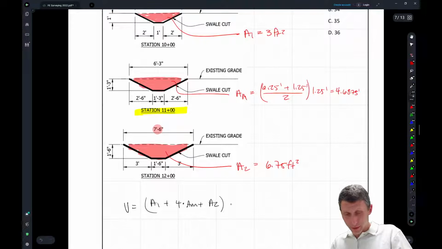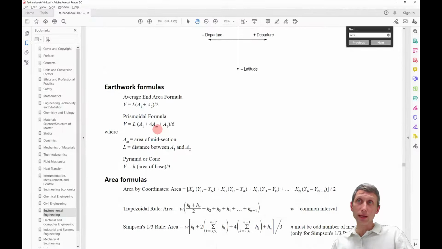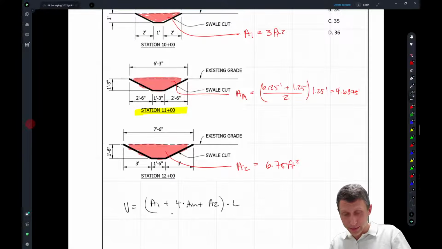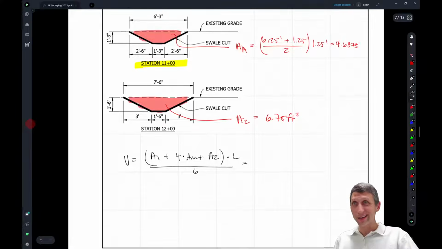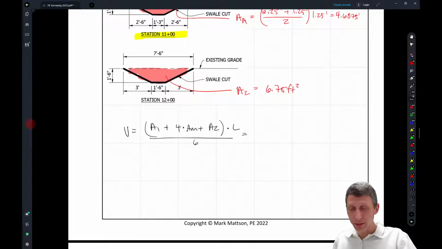Right, that's going to be multiplied by the length, and we're not dividing by 2 anymore. We're dividing by 6. Okay, so I'm just going to put this over 6 like this. So again, not a crazy formula. It's a lot of plug and chug here.